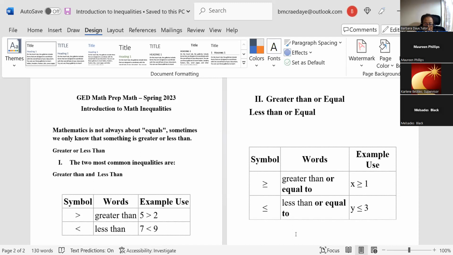Just tell me in words. I would say 100 is less than 150. That's right. 100 is less than 150, because it's smaller than 150.